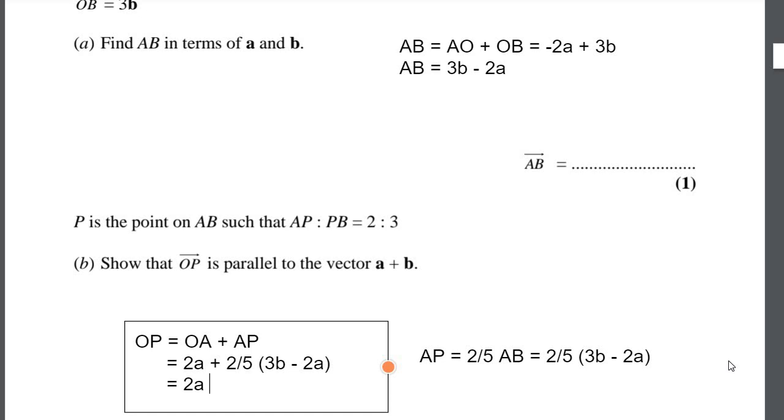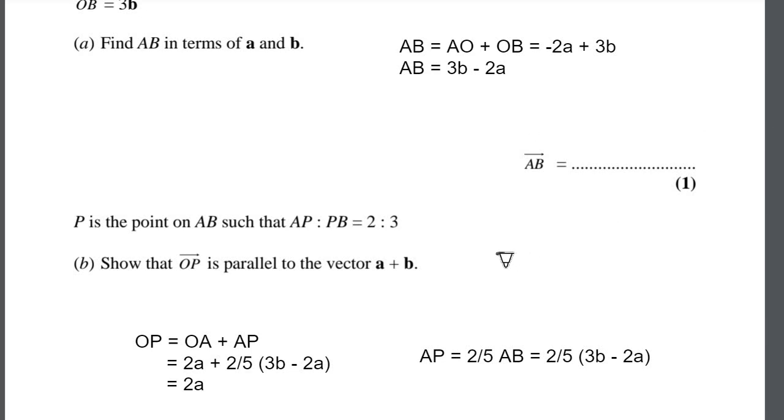So 2/5 of 3 times b. Let's do this separately. You have 2/5 and then you have 3b minus 2a.